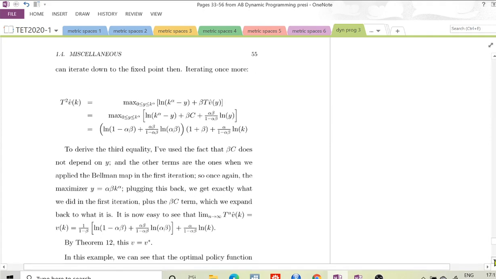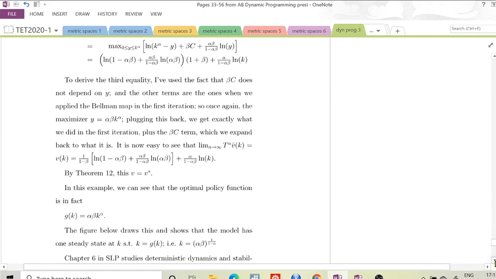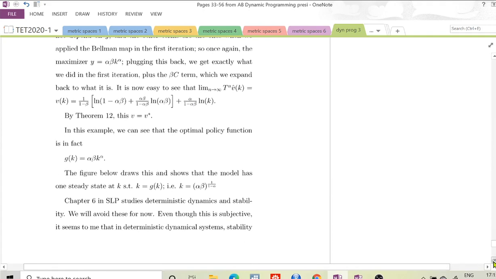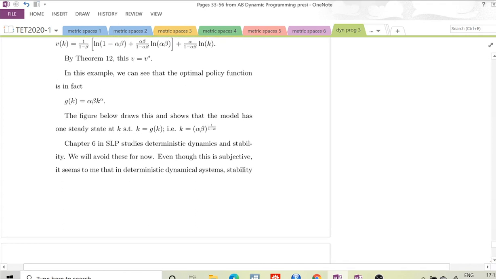So that's my, by the theorem, that's in fact my value function v star. And you can also see that the optimal policy function here is this very simple function.